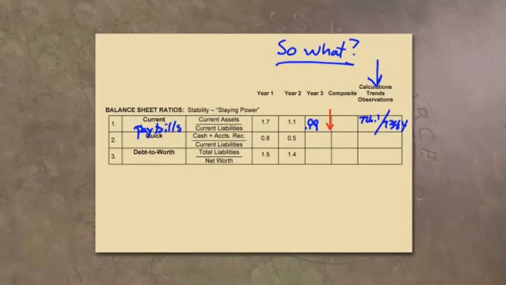So I came up with four little words that will just help us describe any ratio, anywhere, anytime. And it goes like this. For every $1 of, this is what you want to remember, for every $1 of.